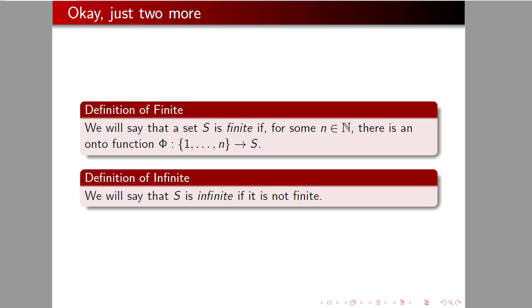We will say that a set S is finite if for some n element of the natural numbers there is a function phi from the set 1, 2, 3 up to n onto S. So this phi is an onto function, so each element of S has at least one element of the numbers from 1 to n that maps onto it.